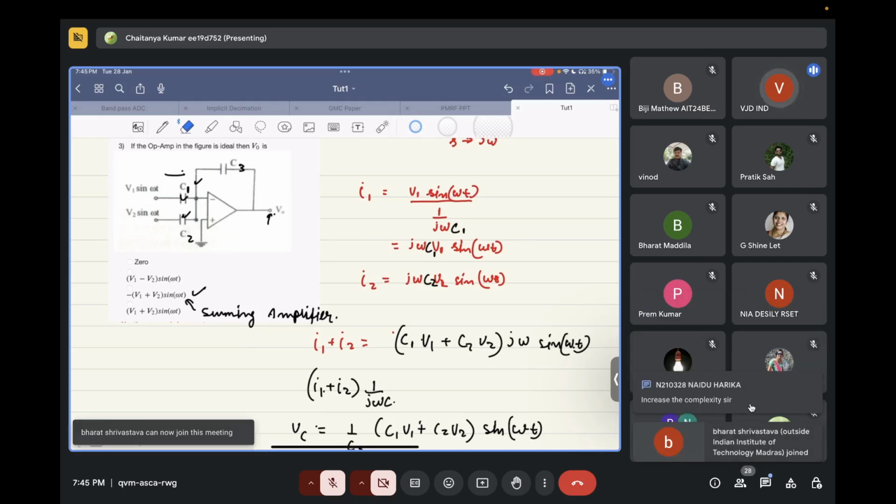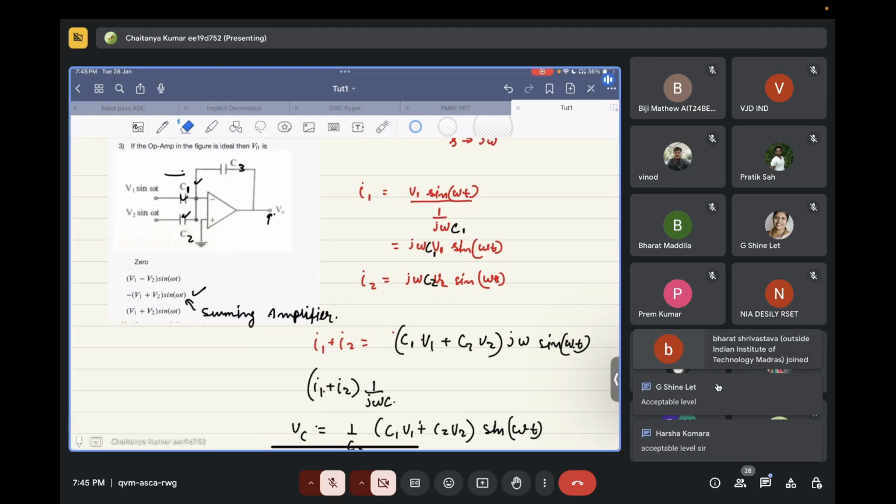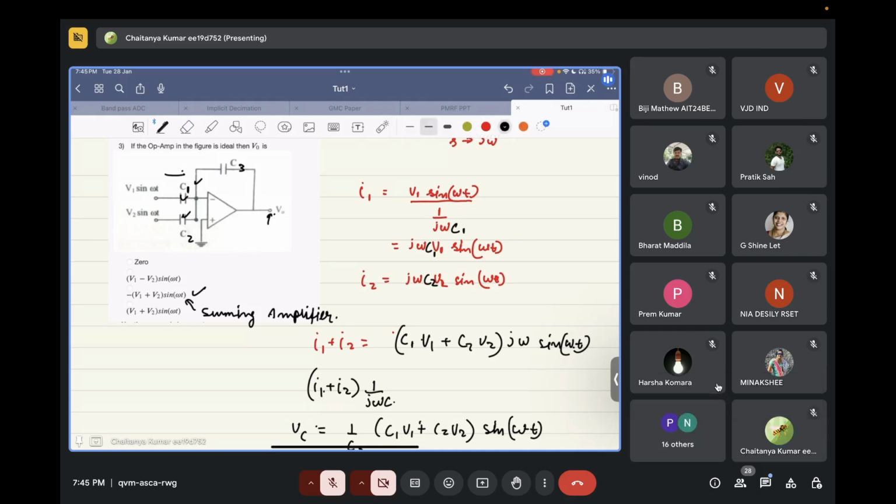Okay, questions are fine. We are seeing most of them as acceptable level, so we will try to gradually increase the complexity.